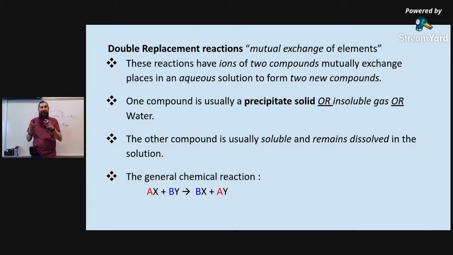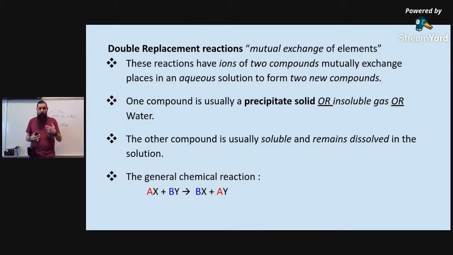You could also look at it as the negative replaces the negative. Either way, you'll get the same result. But when we run a double displacement or a double replacement, typically we're going to end up producing either a precipitate, which is a solid product. We're going to produce an insoluble gas, so we'll see bubbles of something leaving the reaction mixture, or we're going to end up producing water.